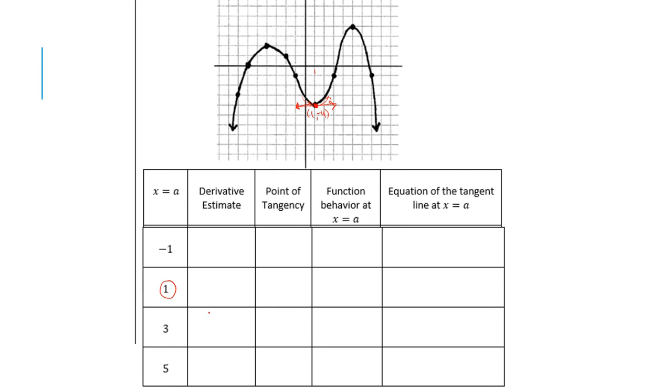So my derivative estimate here, my slope should be 0. My point of tangency is 1, -4. Function behavior is a local minimum. And my equation, once I plug in this point and my slope, will end up being y equals -4.